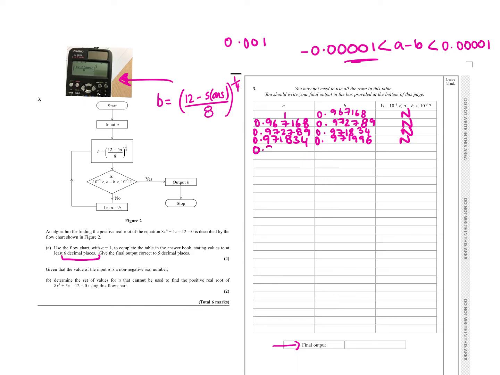And then 0.971996. Guess what I press again on my calculator? Equals. And I get 0.971969. Okay, guys, if I was to take this away, 9 take away 9, 0. 7 take away 7, 0. 1 take away 1, 0. 9 take away 9, 0. 9 take away 6. What's that going to give me? 3. What do I want? 1. So? Nope.